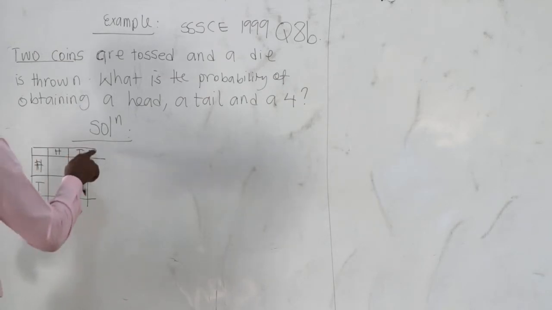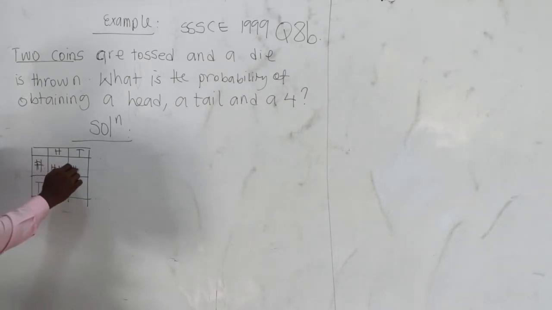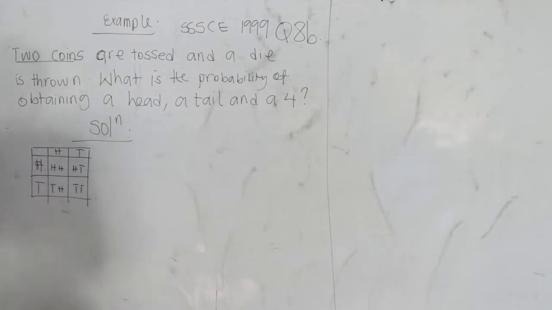So 2 coins tossed. Hence the sample space for this would be head head, head tail, tail head, tail tail.